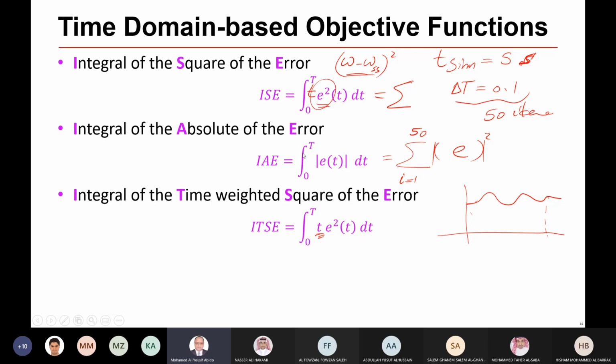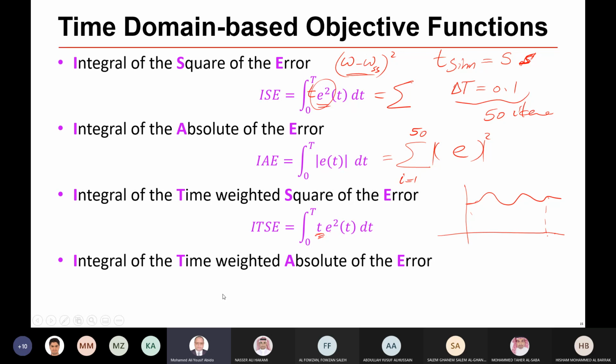Of course, you can also multiply t by the absolute value of the error, so you have a time weighted absolute value of the error. Such objective functions can be used if you have a dynamic system and you need also to design a controller or something like this, similar to what we have in our case.